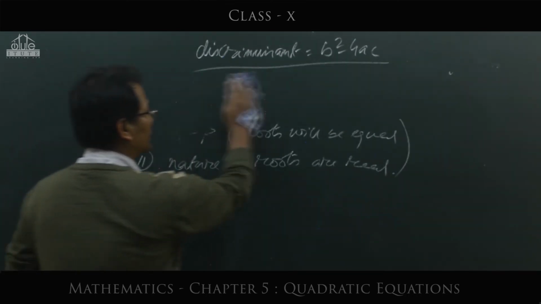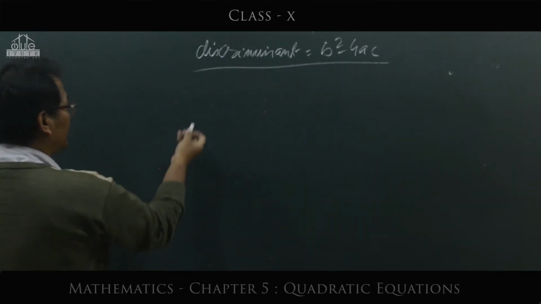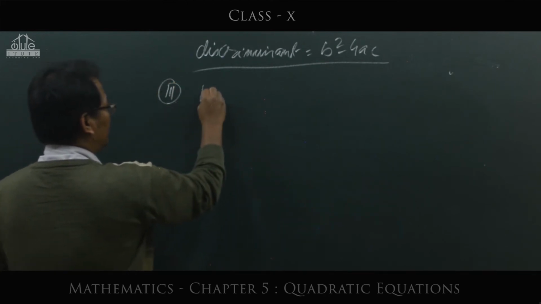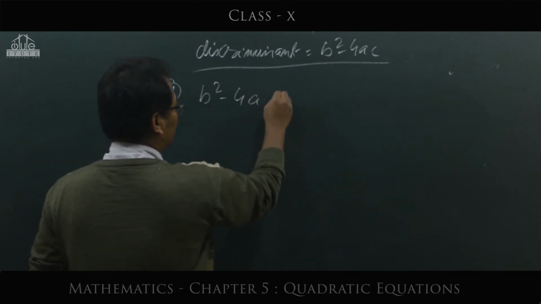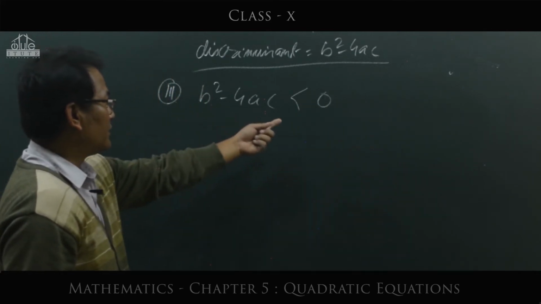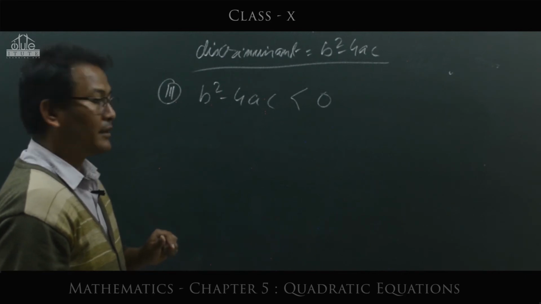Now the third case. In the third case, the discriminant will be negative, that is b square minus 4ac is less than 0. So b square minus 4ac value will be coming out to be negative.